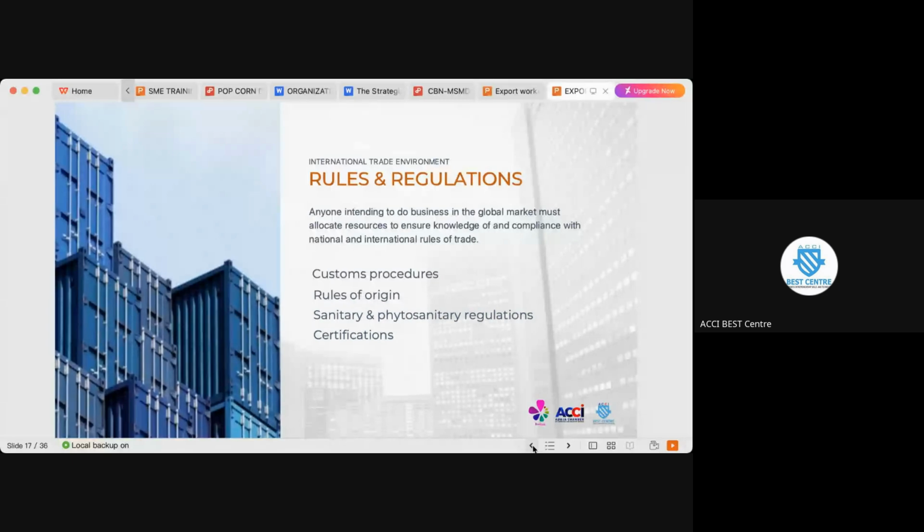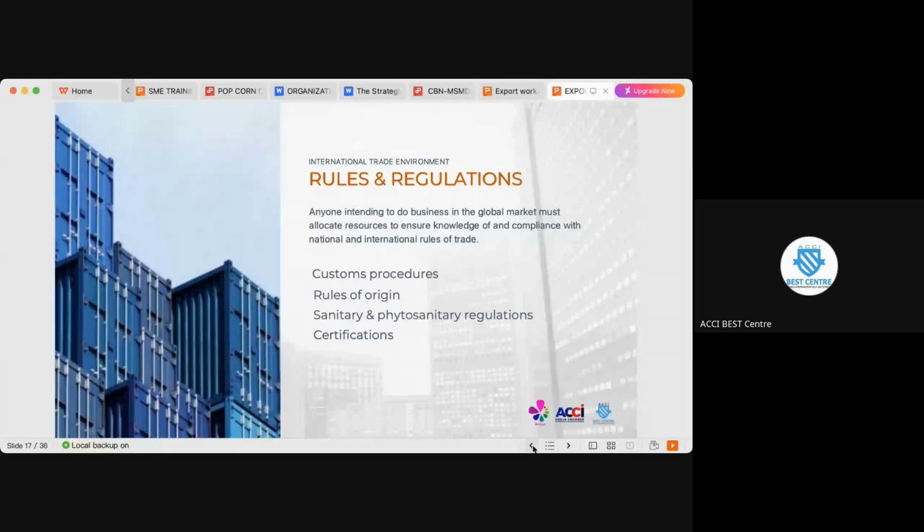We have the rules of origin. So what is the rules of origin? The rules of origin is a certificate that you apply for here in Nigeria and you take it here in Nigeria. This is to show that this product, for example, let's say cocoa, is Nigerian cocoa, that it was farmed, harvested, and maybe processed here in Nigeria.